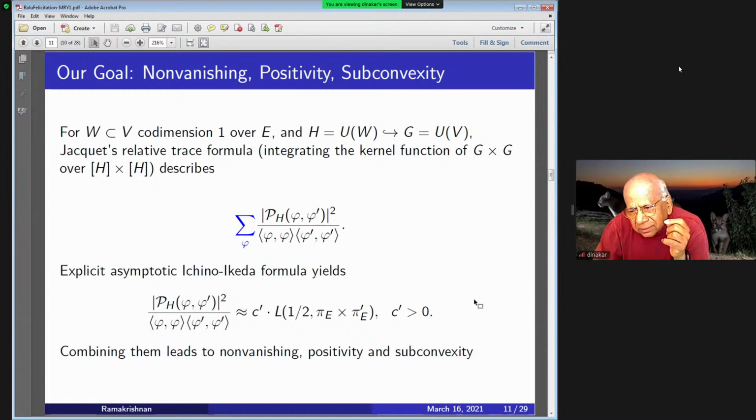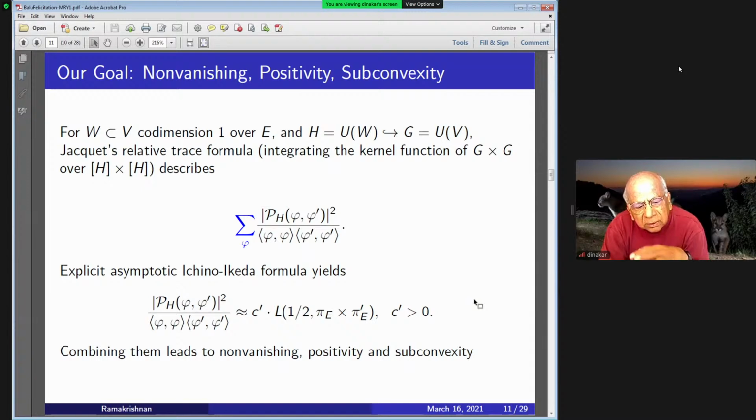If there is anything maybe non-trivial, what we do is we are summing over phi over the bigger group, not the smaller group. It's somehow a little bit easier to sum over the smaller group. So when we sum over phi, this sum here somehow comes up in one side of Jacquet's relative trace formula relative to G and H. So this relative trace formula somehow describes this.